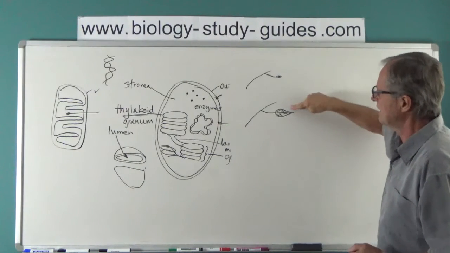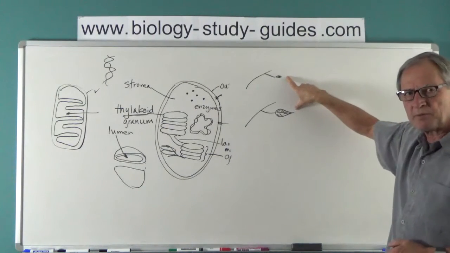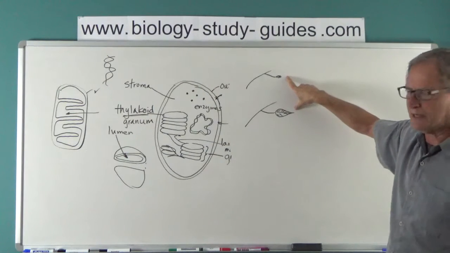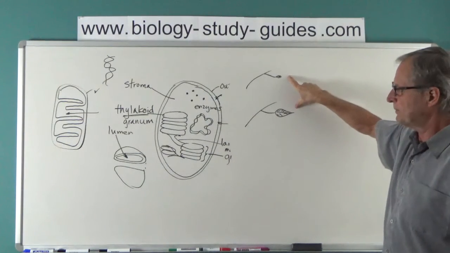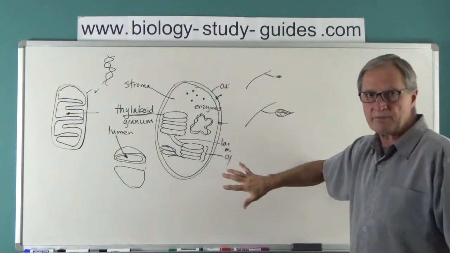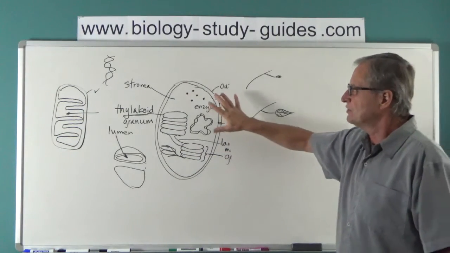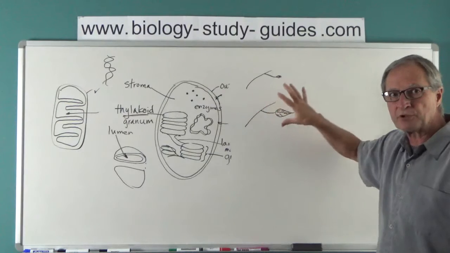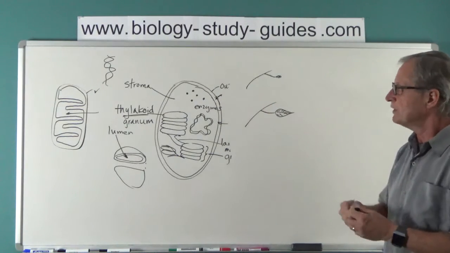To get from here to here, cells have to be produced at an incredible rate. And these cells, these plant cells in leaves anyway, have chloroplasts. So obviously the chloroplasts have to be produced at incredible rates as well.